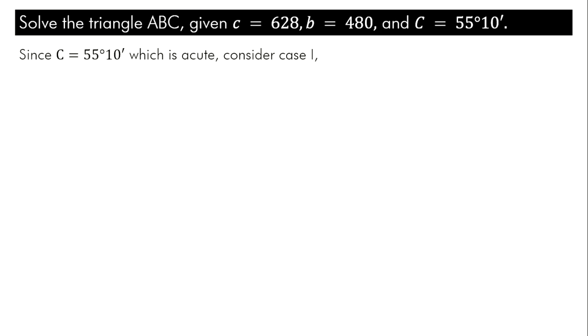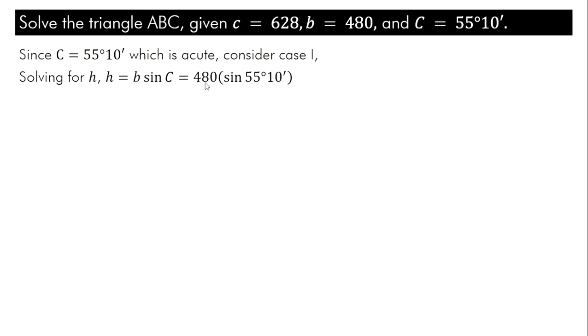Okay, so in order to identify the number of triangles that exist in this dimension, we need to identify the height. In order to identify the height, all we need to do is B sine C. So as you can see here, we have B, which is 480, and then our angle is 55 degrees 10 minutes.